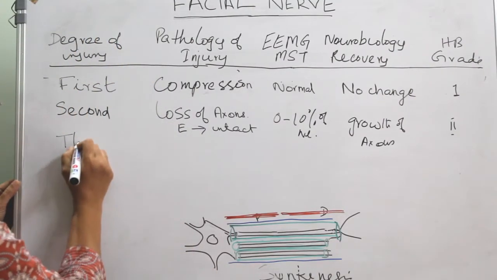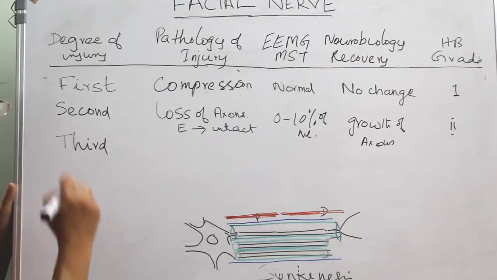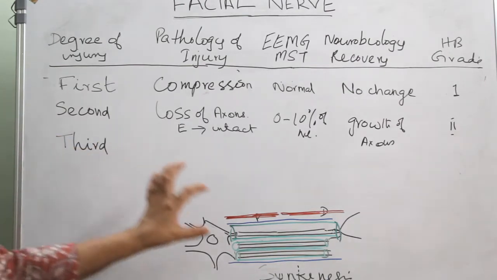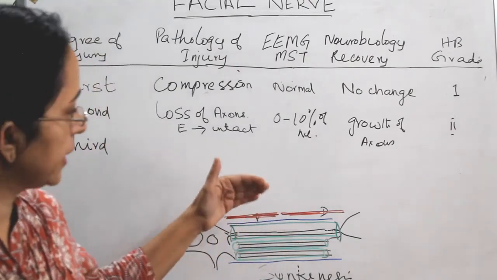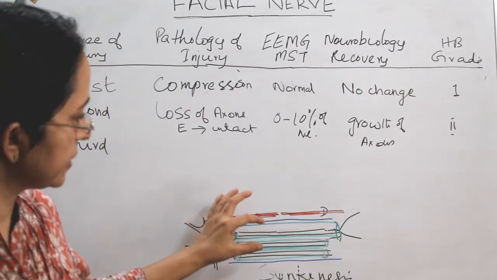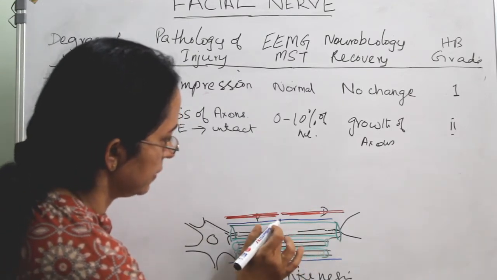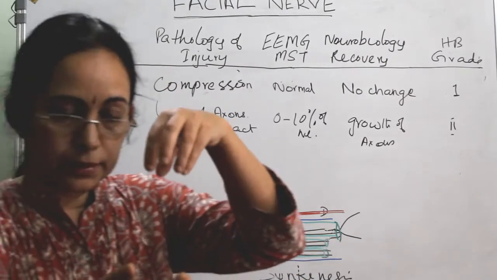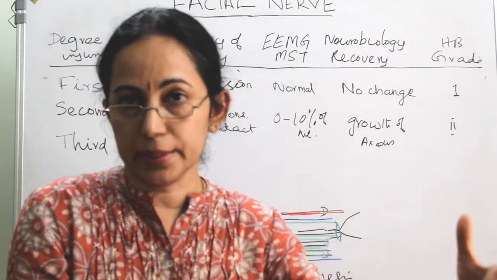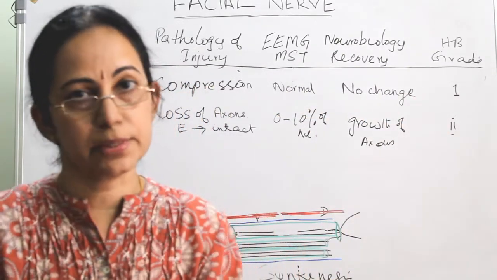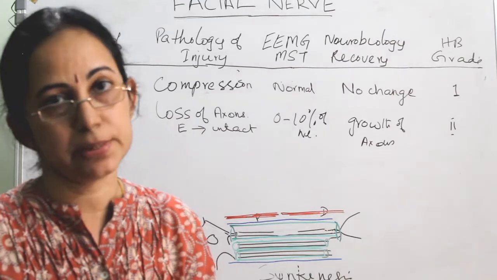Third degree injury. What happens there? The intraneural pressure increases, and there is an intraneural compression. If it goes away immediately, that is reversible transmission of nerve impulse.